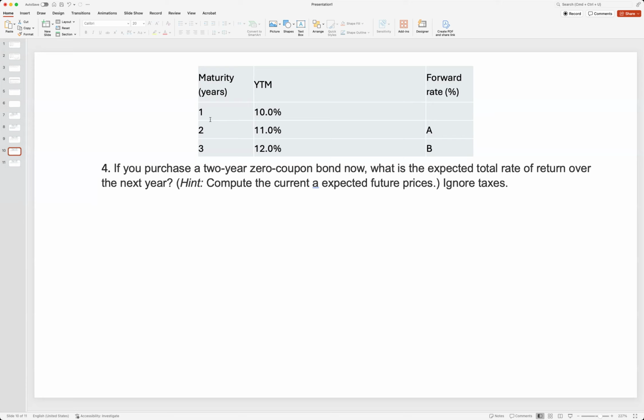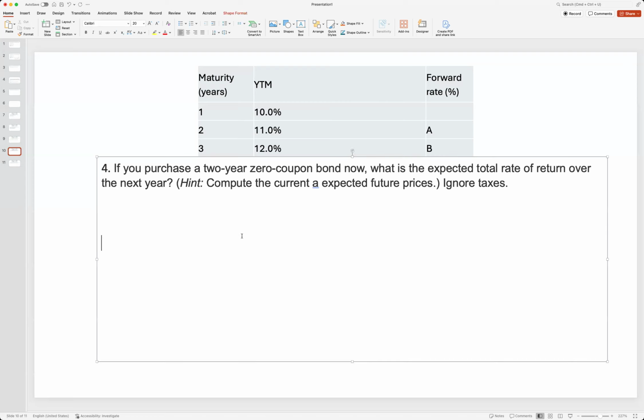So based on no arbitrage, your investment return should be exactly the same as if you had made a short-term investment, buying a 1-year zero coupon bond and holding it until it matures. So it's going to be 10%. The short-term return of a long bond should equal the yield to maturity of the short-term bond. The solution would be 10%.